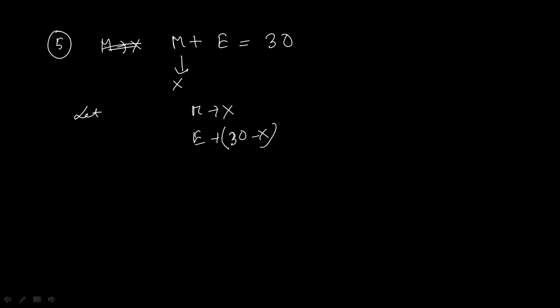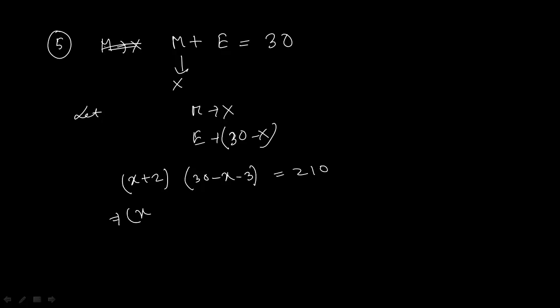Now see, had she got 2 marks more in mathematics and 3 marks less in English, then the product of their marks, maths and English, would have been 210.